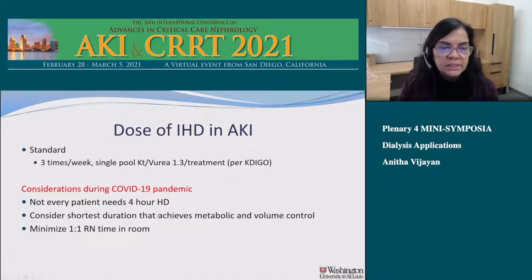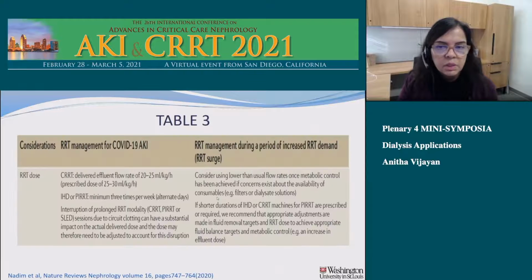So we want to minimize that one-to-one RN time in the room. What about CRRT? We made a recommendation that in order to conserve fluid, consider using lower than usual flow rates once metabolic control has been achieved. If you're usually dosing 20 to 25 mils per kg per hour, maybe you can bring that down to 15 to 20 mils per kg per hour as long as metabolic control is achieved.